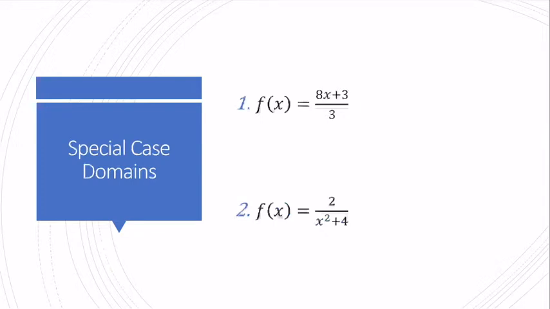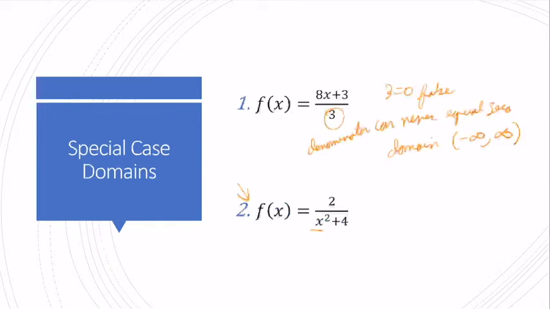The same thing is true about this second problem here. If I have 2 over x squared plus 4, what's really unique is if I set this equal to 0, I get x squared equals negative 4, and I can't take the square root of a negative right now, right? We live in real number land. So this is never going to be negative. You can see that be the case.